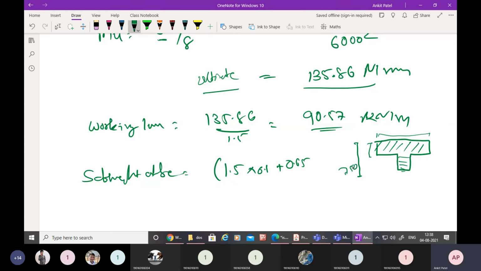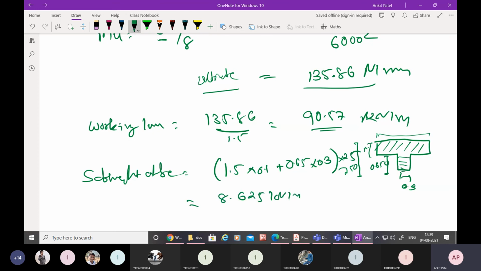Overall is 750 and this one is 100, so 750 minus 100 is 650, that is 0.65 in meters, into 0.3 which is your width, multiplied by the density of concrete, that is 25.